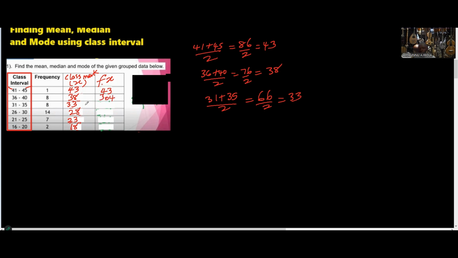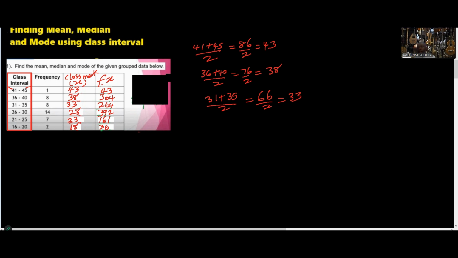Then we need 33 times 8. That is 264. Then we need 28 times 14. That is 392. And we need 23 times 7, that is 161. And we need 18 times 2. That's 36.